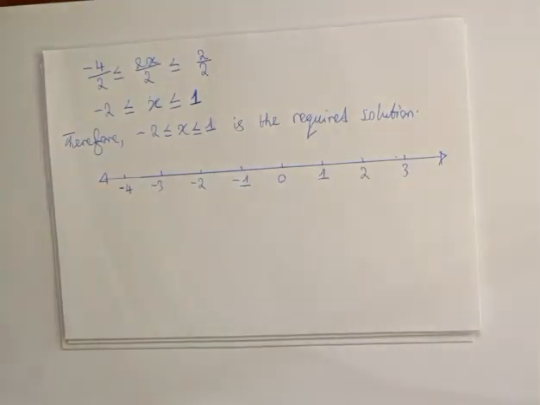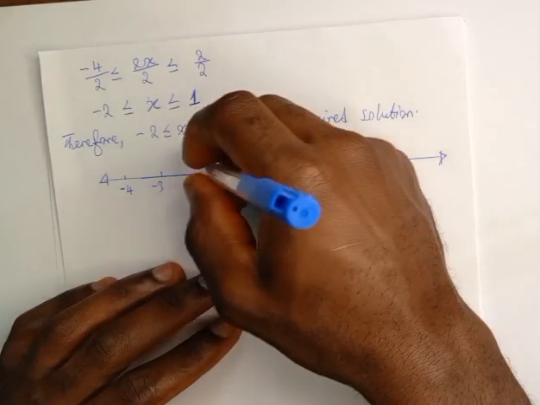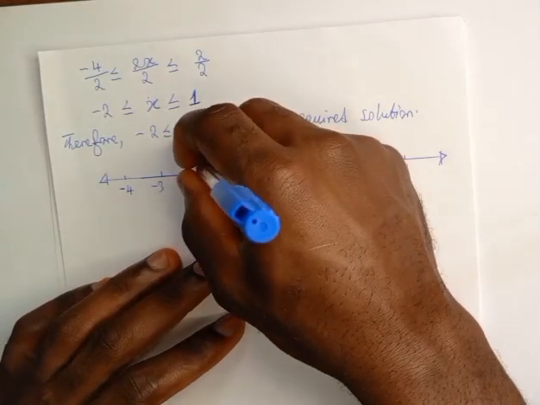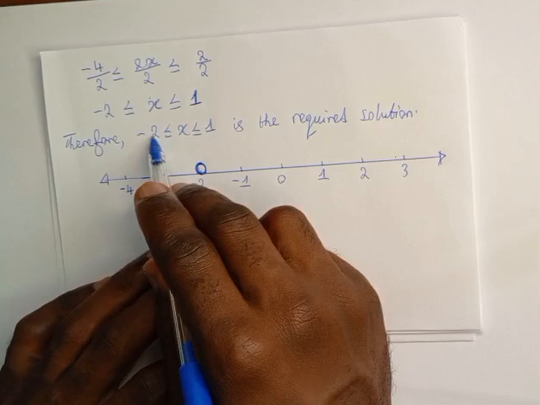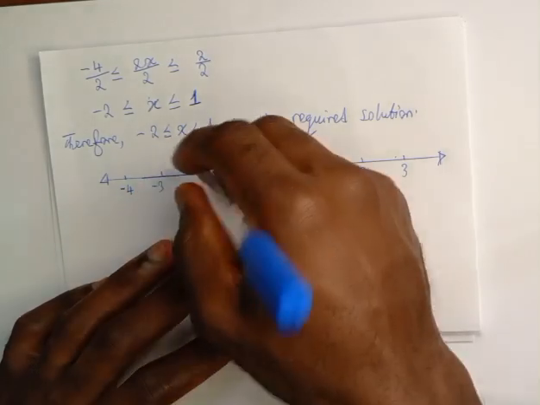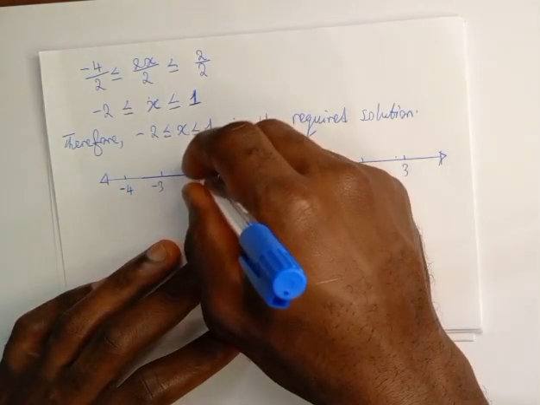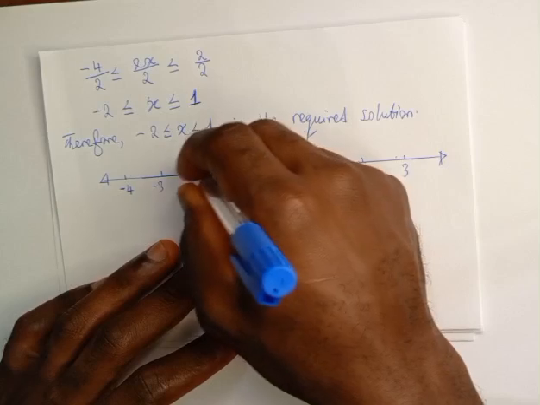So we have something like this. Then at the boundary values, we have negative 2. Negative 2 is less than or equal to x. That means negative 2 is part of the solutions. The ring will be shaded like this.